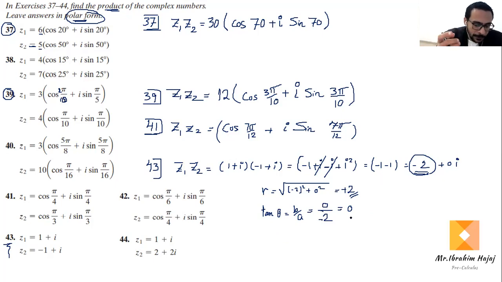Tan pi, tan 0. Yeah, tan inverse of 0 equals shift tan. Still 0. So our angle is 0 or pi?